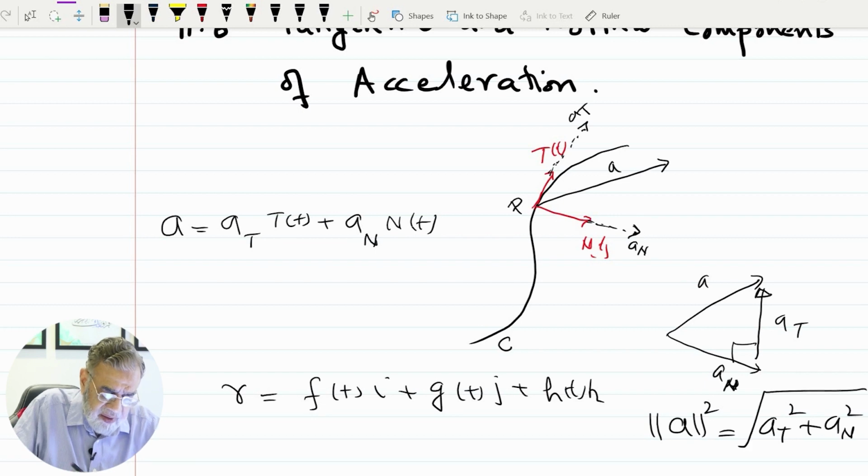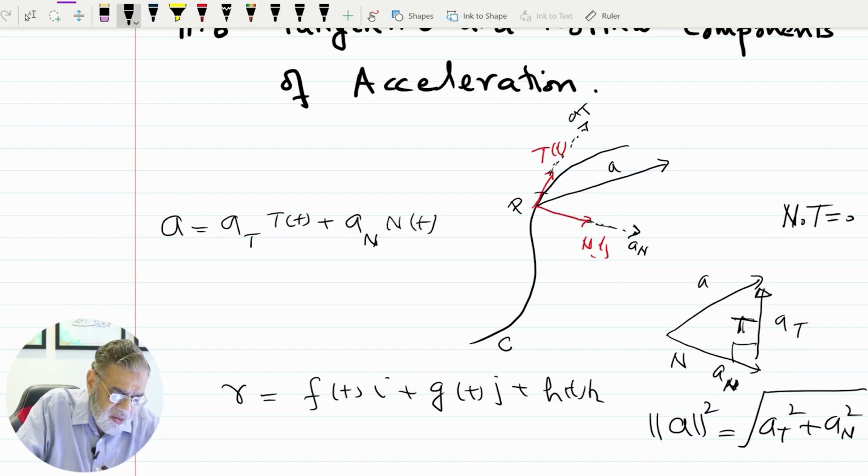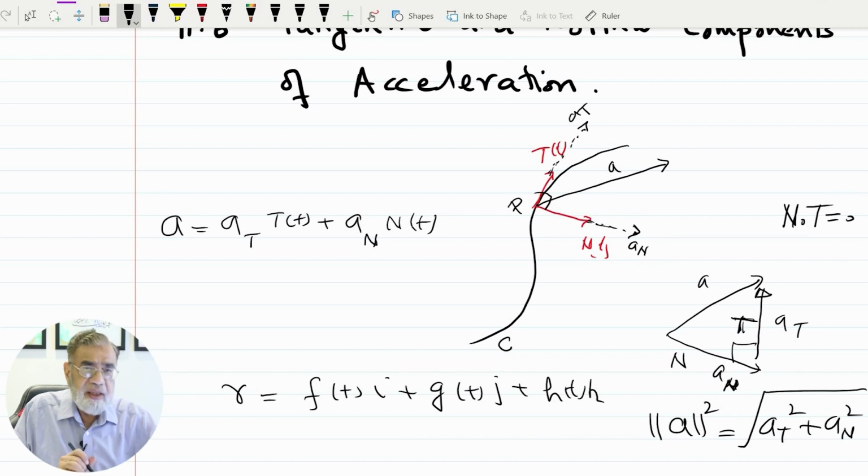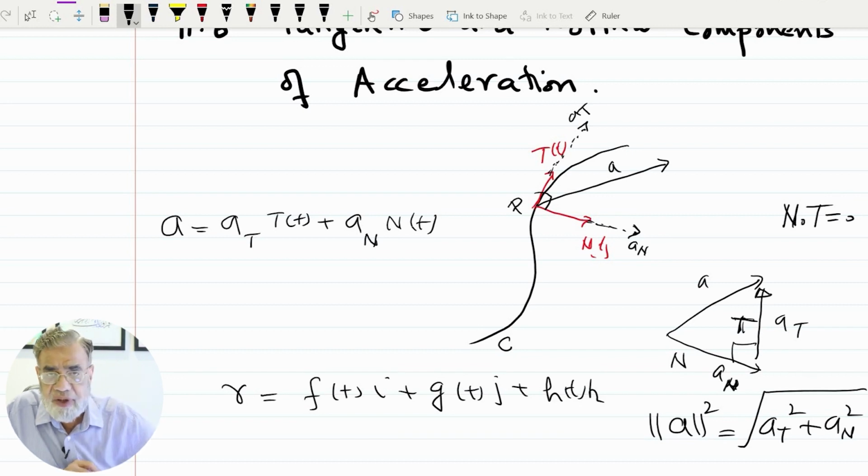As we described, these are perpendicular to each other. N and T are unit vectors, and N dot T is equal to 0, so they are orthogonal to each other. So when we find the value of a_T, we can find the value of a_N using this when we have the value of A.